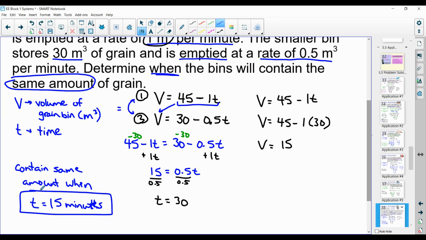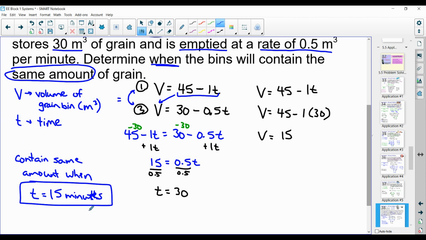Now, sometimes you'll be asked how much volume, how much grain would be there when they contain the same amount. Well, then we could go 1 step further and say there would be 15 meters cubed. So t equals 15 minutes, and V is 15 meters cubed. But the answer to this specific question, determine when the bins will contain the same amount of grain, is just that it will contain the same amount of grain when t equals 15 minutes.